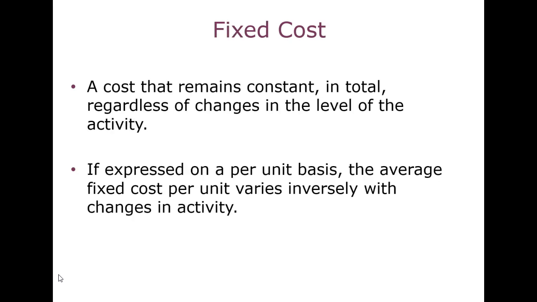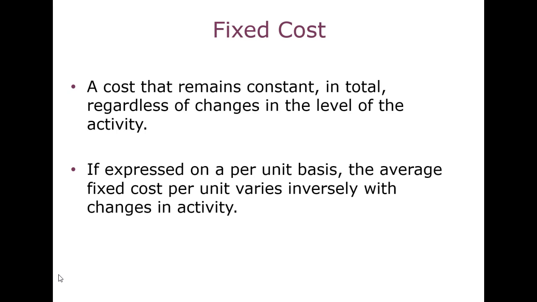A fixed cost is a cost that remains constant in total regardless of changes in level of activity. So if you have a straight line depreciation amount on your factory equipment, that straight line depreciation per year stays the same no matter how many units you produce during the year.